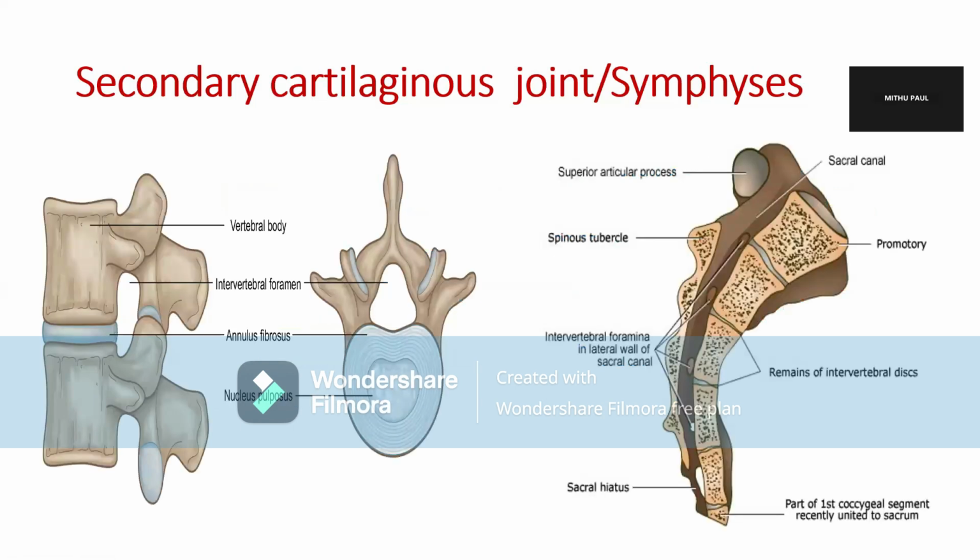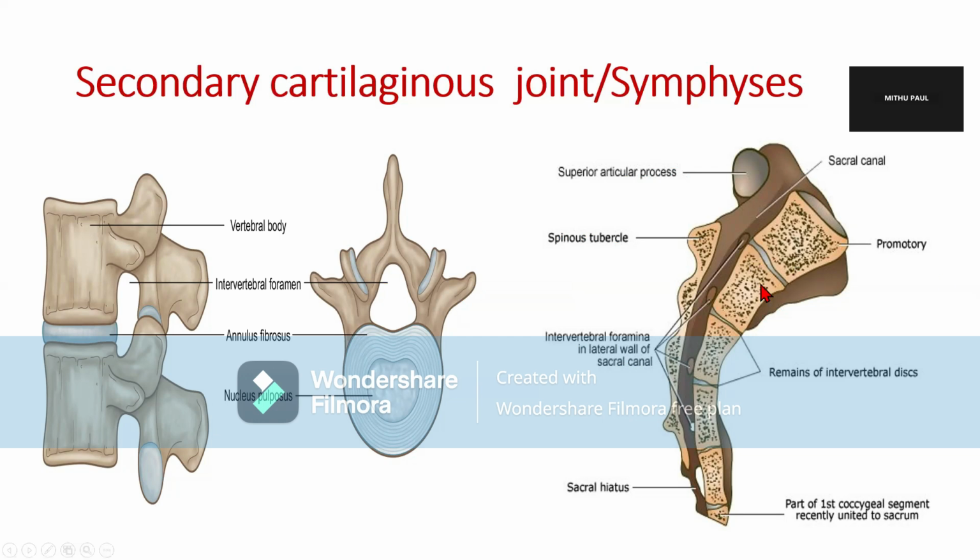Some more examples of the symphyseal joint are the joints between the bodies of the vertebrae, where they articulate via a disc of fibrocartilage known as the intervertebral disc. A very important fact about the sacrum and coccyx: the total count of 33 vertebrae has come down to 26 because the five sacral vertebrae unite among themselves to form one.